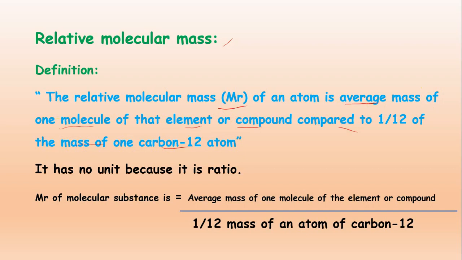It is a ratio, so it has no unit, and it has the same formula we discussed for relative atomic mass: Mr of a molecular substance is the average mass of one molecule of the element or compound divided by 1/12 the mass of an atom of carbon-12.